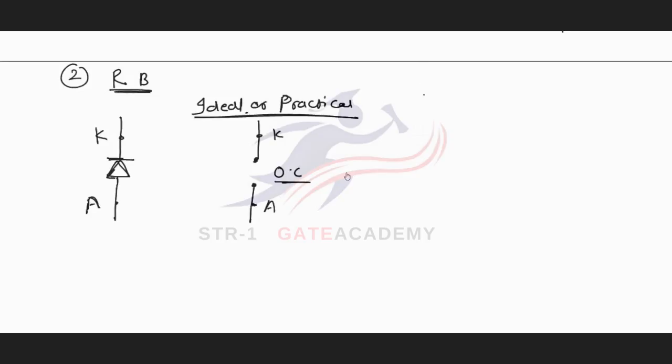The next case is if the diode is conducting a little bit, meaning it is offering a very high impedance. In the case of an open circuit, impedance is infinite, but if it is offering a finite resistance, the reverse resistance RR, which will be very high, is given in the problem, then we will replace the diode with this resistance RR.